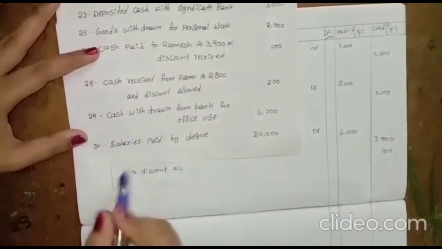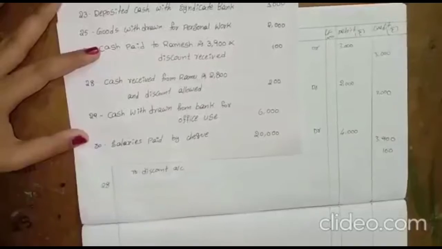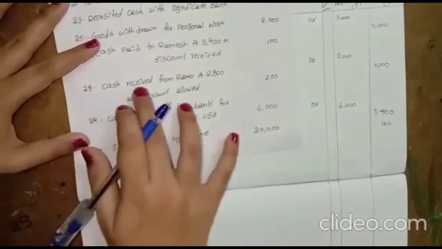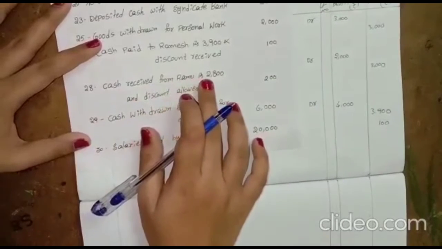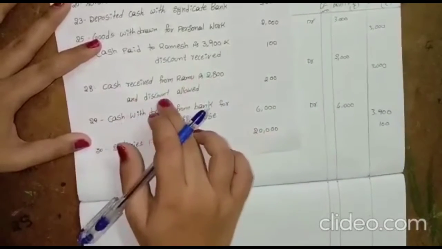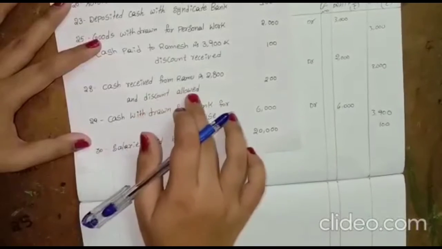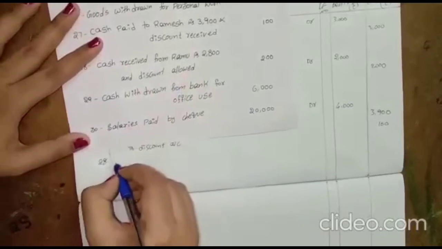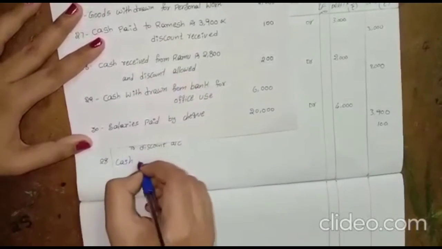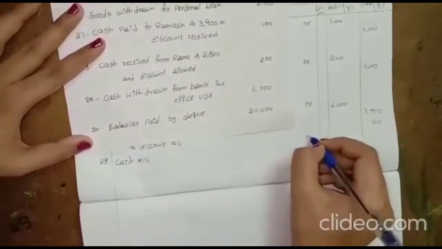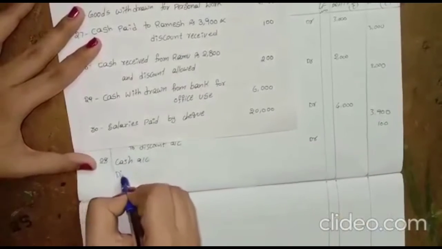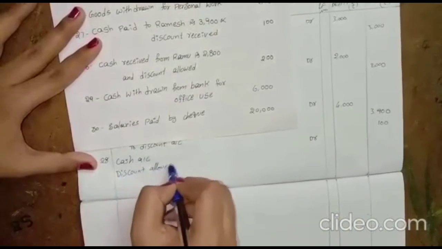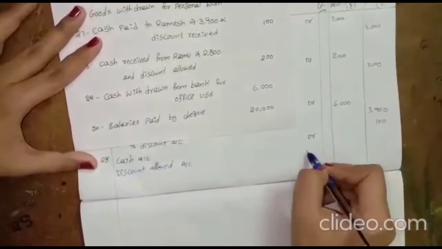The next transaction was held on 28th. Cash received from Ramu rupees 2800 and discount allowed. We have given the discount. So it will be written as cash account debtor, discount allowed debtor.